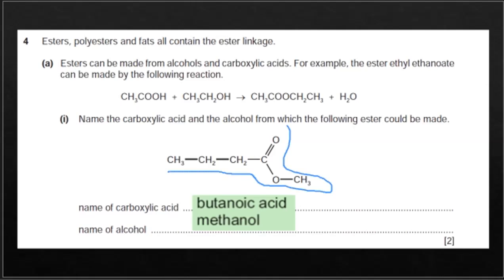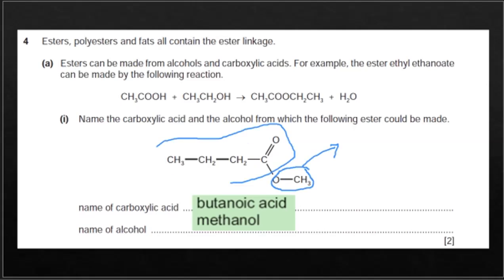So here we have an ester. How do we know it's an ester? Because of this functional group, C double bond O, O, right? That tells us that we're dealing with an ester. So one part would go to the alcohol, and the next part would go to the acid.